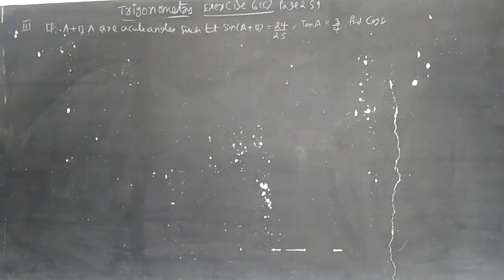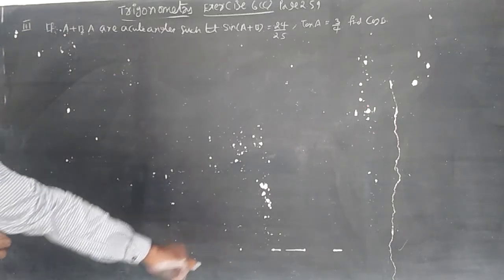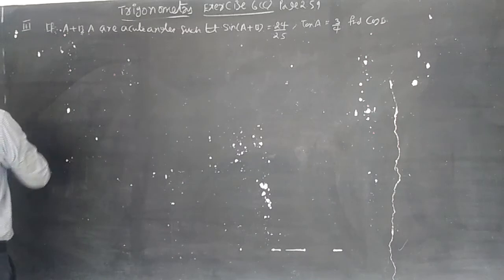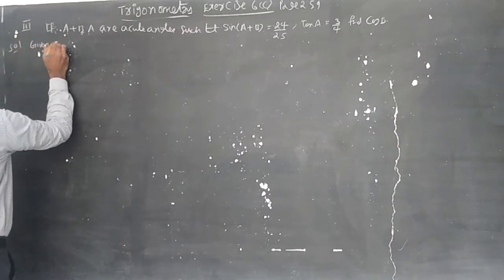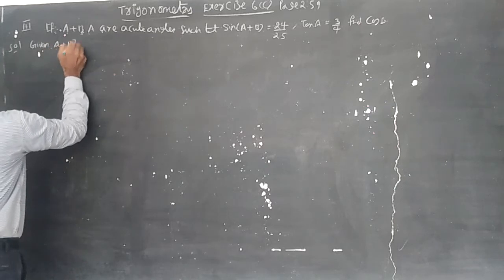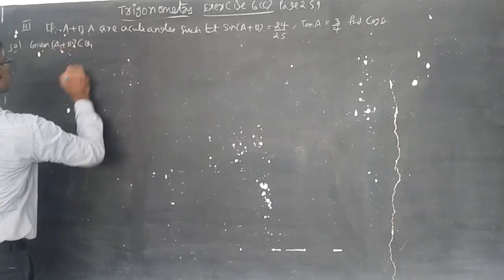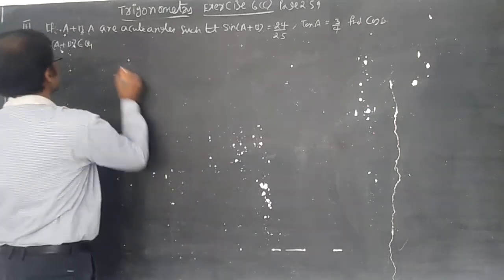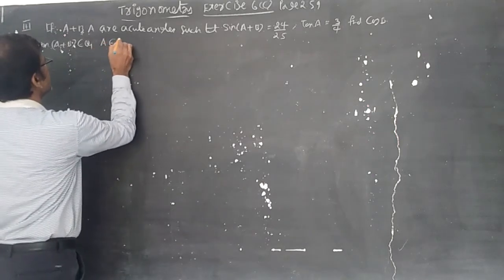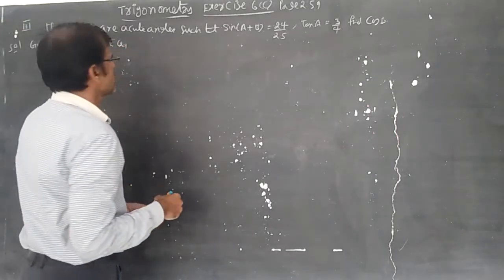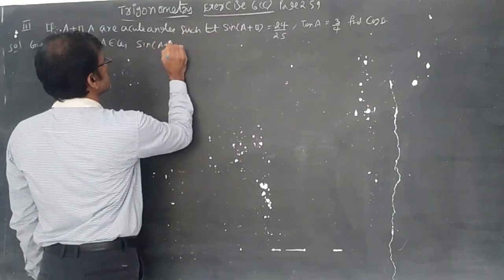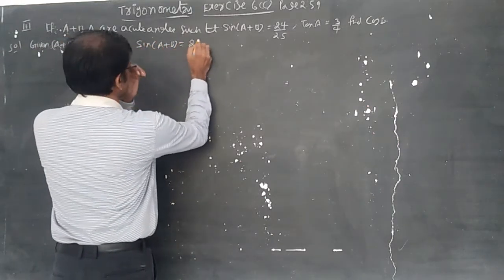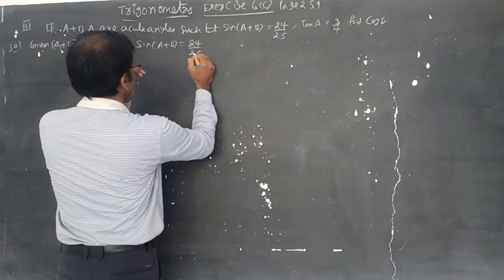A plus B and A are acute angles. Given A plus B belongs to Q1, since it is acute angle. A belongs to Q1, both are acute angles. Sin of A plus B is equal to 24 by 25.